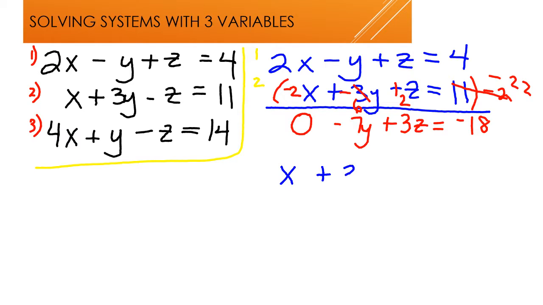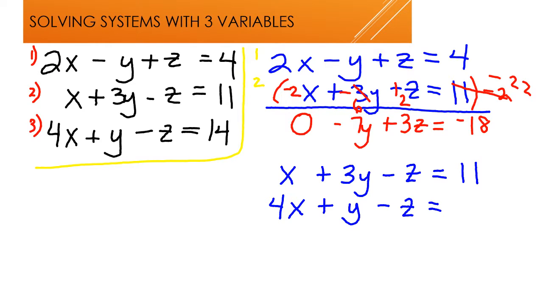But my goal is to do elimination using 2 equations at a time, but you have to use all 3 equations in this process. So my first thing that I'm doing right now is I'm eliminating the x's. Notice that I eliminated the x's on this first one.